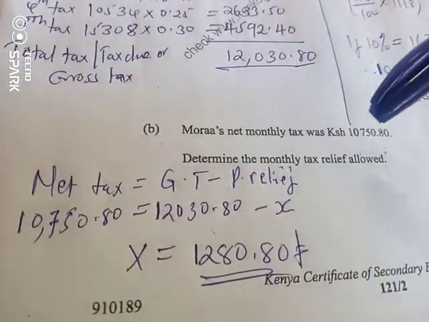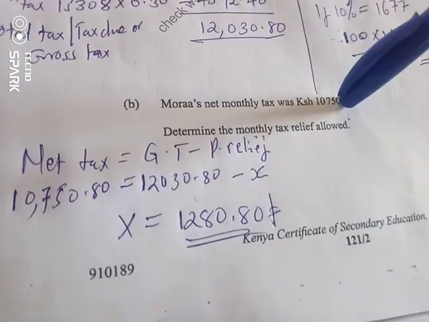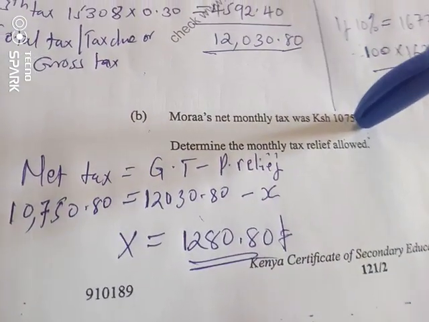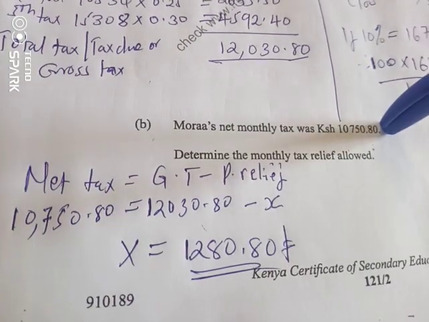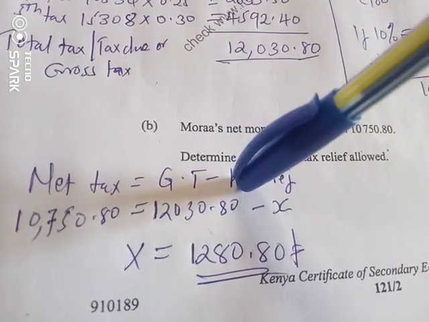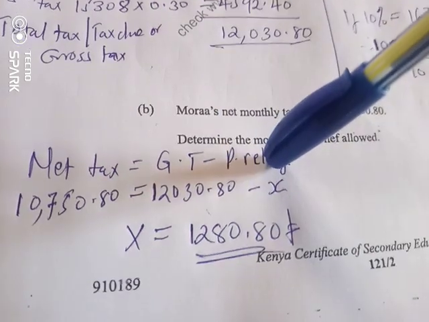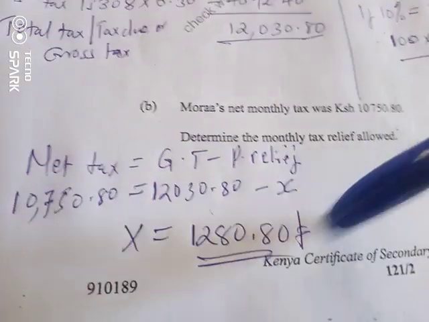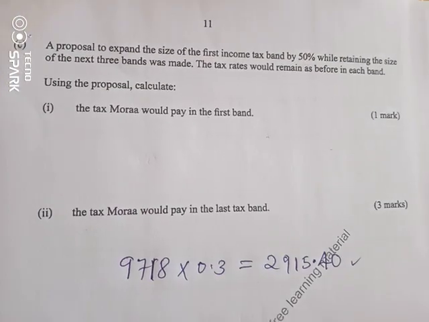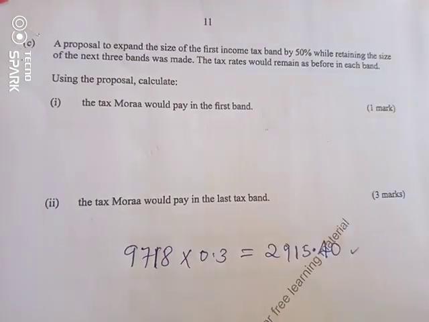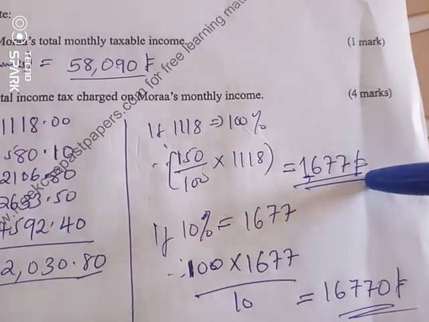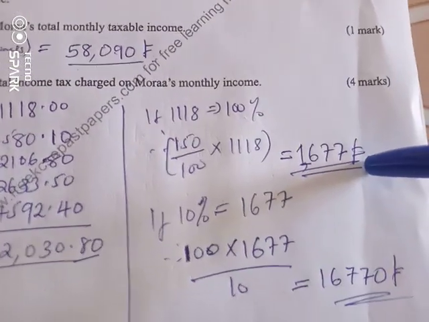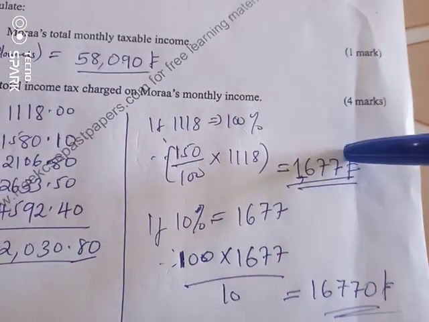Of course, here we were already given the net tax. Normally they ask for the net tax, but the formula still remains: net tax equals gross tax minus personal relief. This other part is just additional information depending on the proposal that was made, so we have used it to readjust everything. So Mora would pay a different tax at the end of the day from column 1.